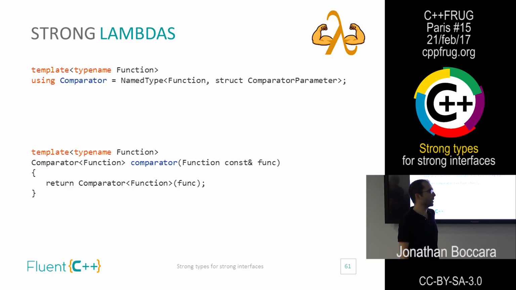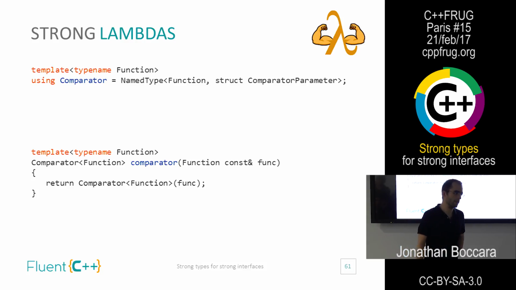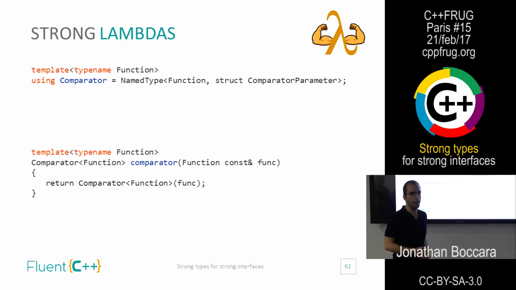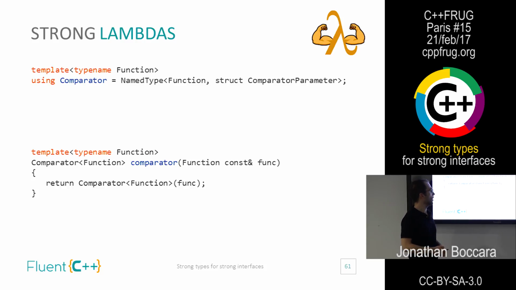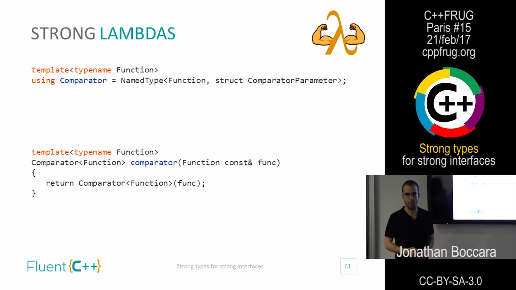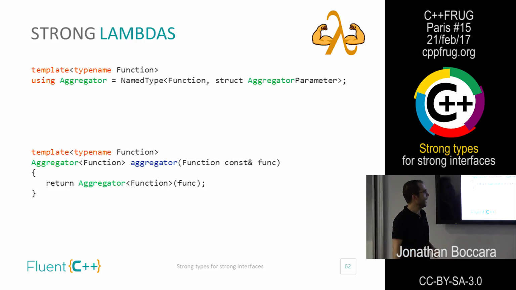And since we're building a template class Comparator, particularly since we don't know the underlying type, we don't want to pass it, so we create this helper function, which I'm calling comparator, that returns a Comparator with the right type. Same thing with aggregator.